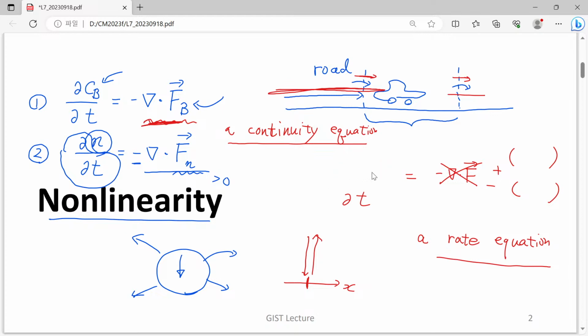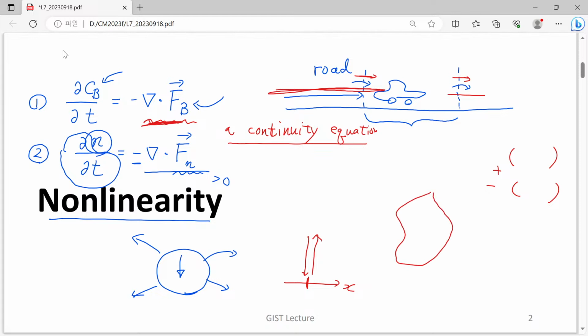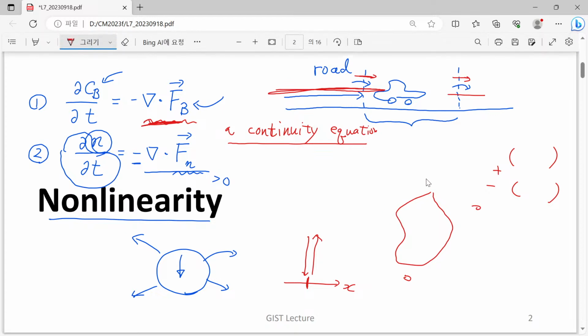The typical example I wanted to show you every semester is like this. Think about the number of persons in the Republic of Korea. Let's say this is the Republic of Korea. Of course, here we have some other islands, but anyway, let's consider this is the amount we are considering.